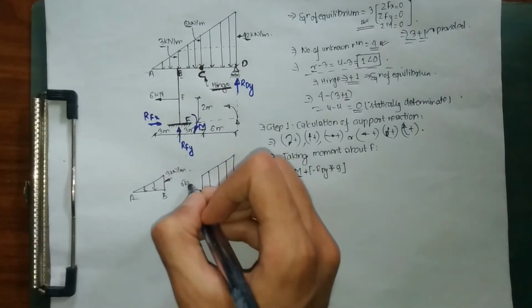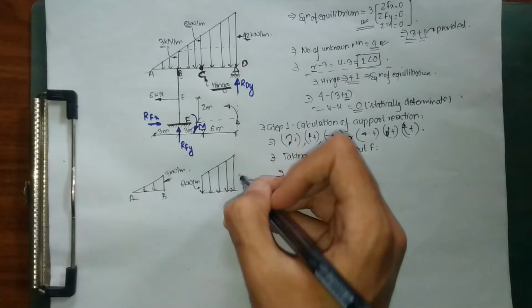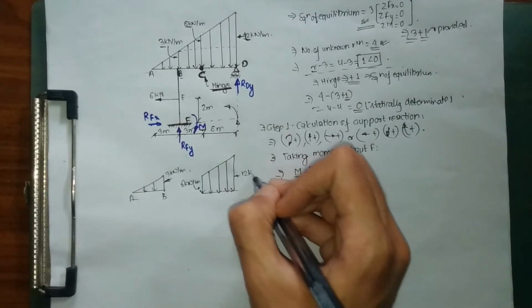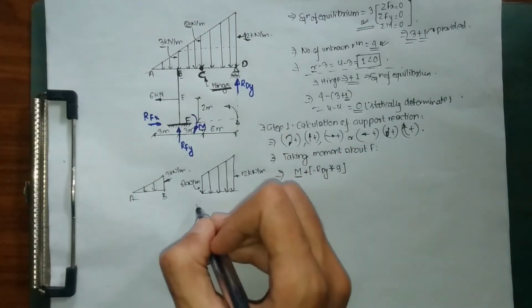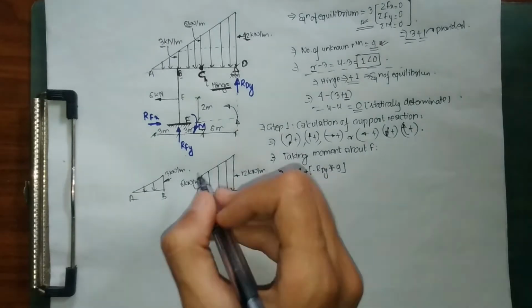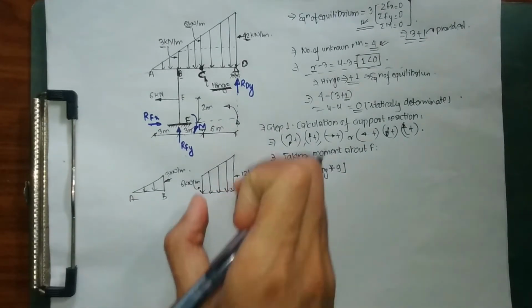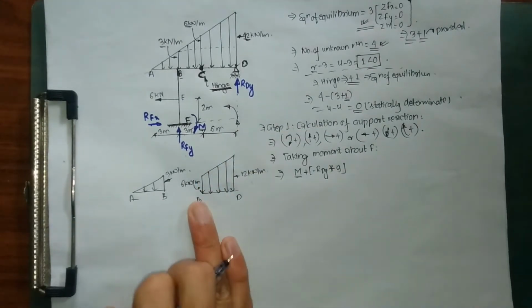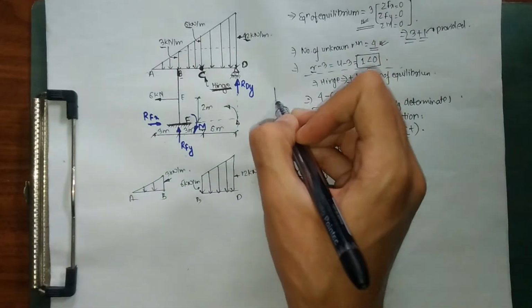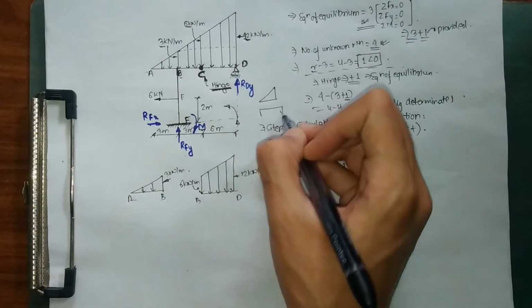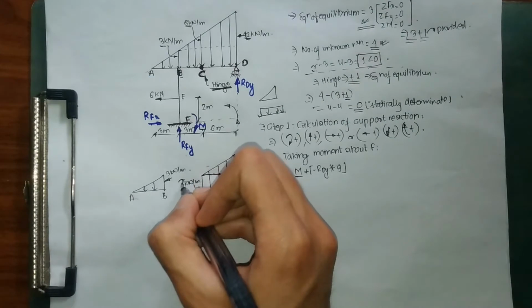We have the magnitude of 6 kN per meter over here and 12 kN per meter over here. Next we are going to draw one imaginary line and convert this sort of load. As you can see, this is neither UVL nor UDL. Our UVL looks like this, while our UDL looks like this.